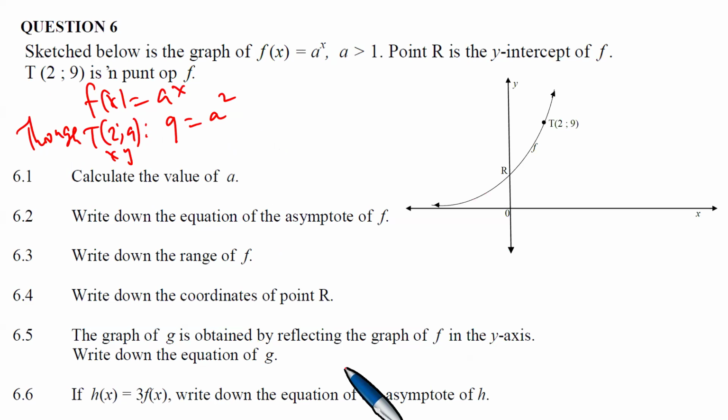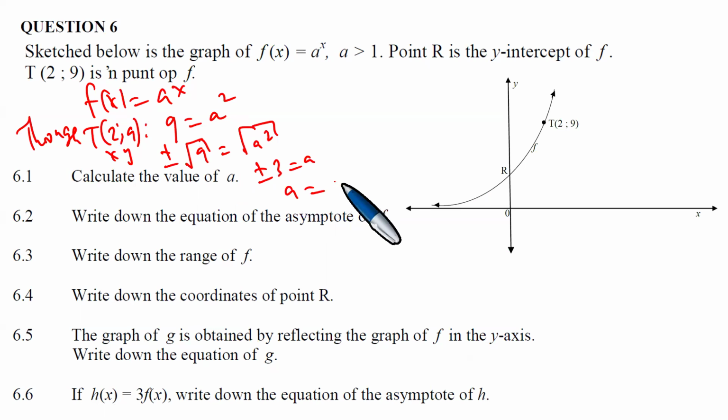And we want to find the numerical value of a. So to find the numerical value of a, we can take the square root here. So ordinarily, in principle, we have 2 square roots. We have plus or minus the square root of 9, which is the square root of a squared. And this gives us plus or minus 3. It is a, which means that a is 3.